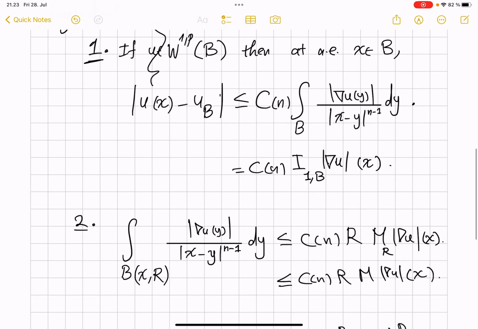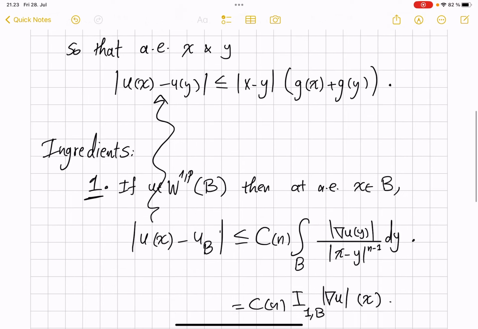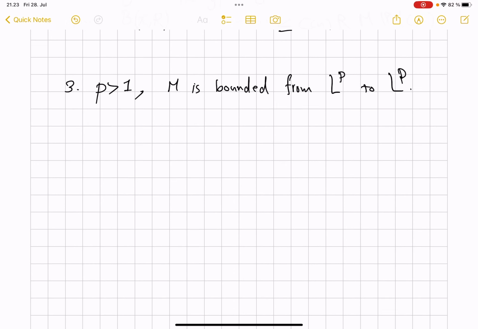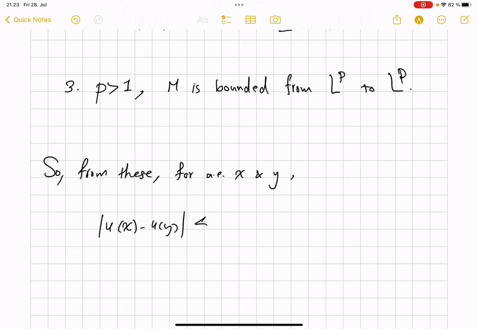So putting these facts together, and again using the triangle inequality, we get that for almost every x and y, and since the function is in W^{1,p} of the ball, which is fixed, u of x minus u of y is bounded by some constant, again only depending on the dimension n and the radius of the ball.